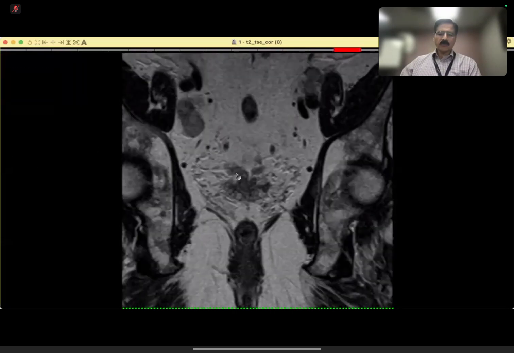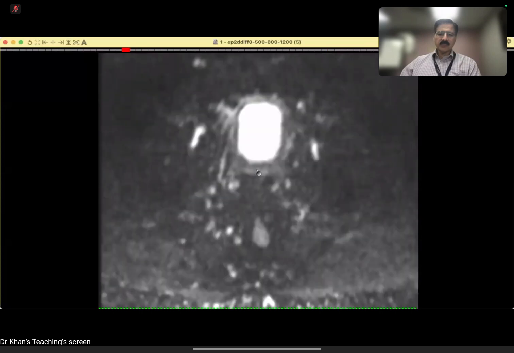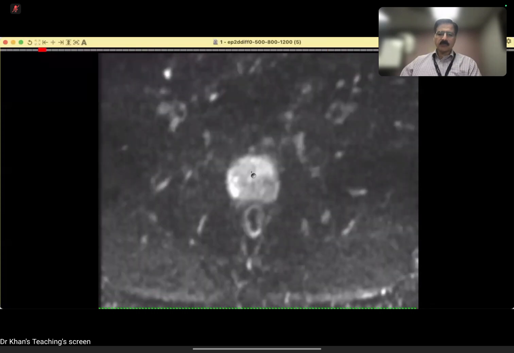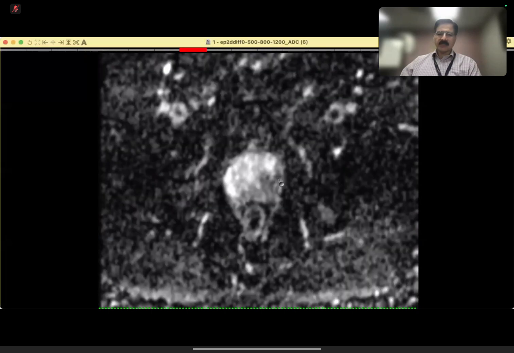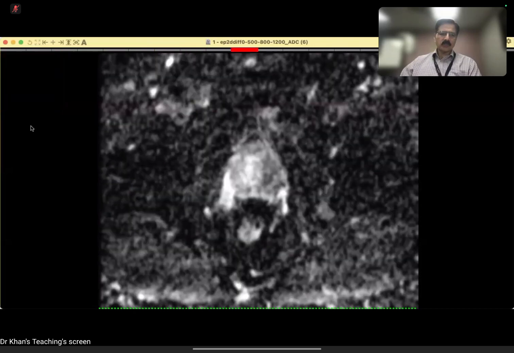Go for the DWI sequence, and this is the lowest b-value. As we go to the highest b-value, you can see this signal, which is restricted diffusion. Correlate it with the ADC map, and you can see that on ADC it is low signal.